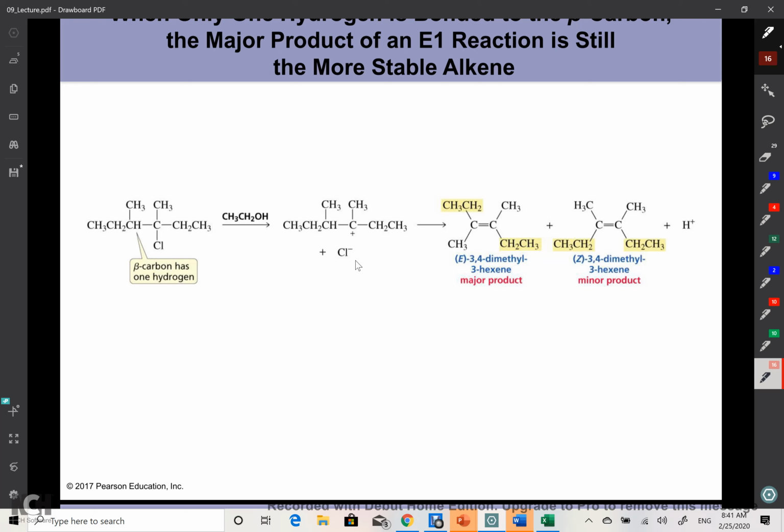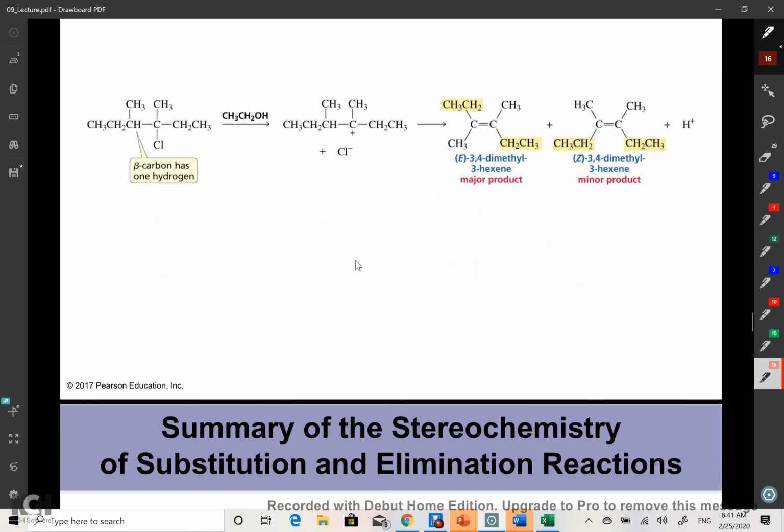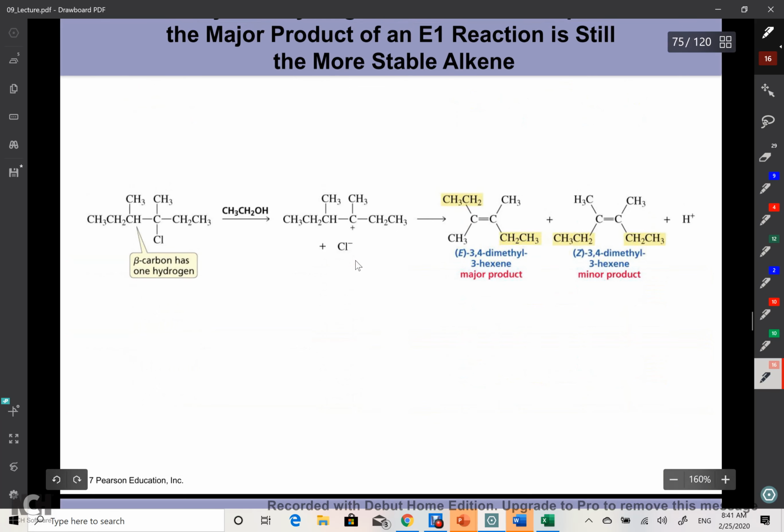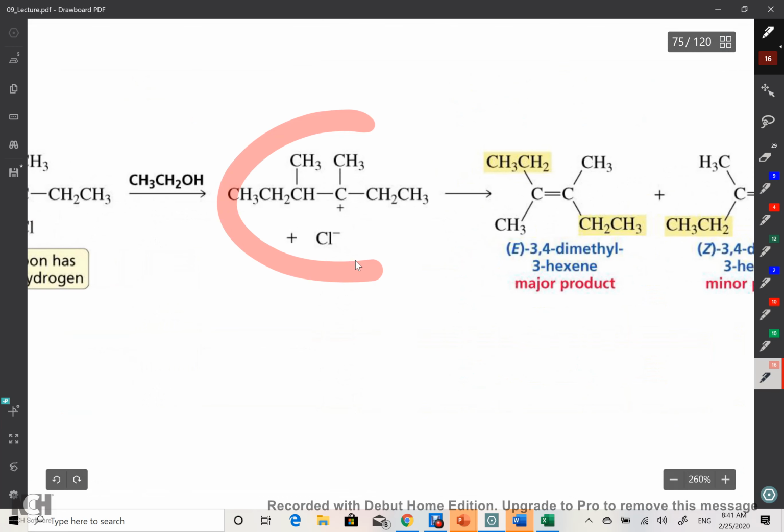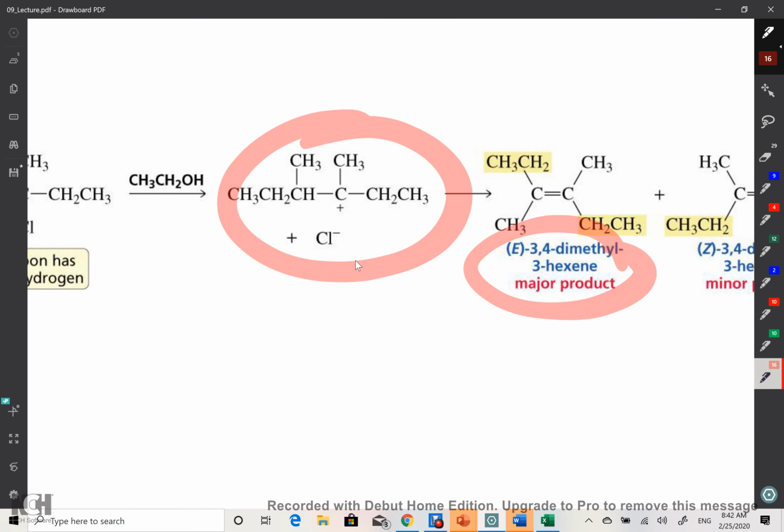Does that make sense? In the E2, it's a one-step mechanism, so the orientation is important. With the E1, it doesn't matter because you're going through the formation of a carbocation. Okay? And that's the carbocation here. Once you form that carbocation, now it will just lead to the formation of your major product, which is the E. It will preferentially choose to do that one.